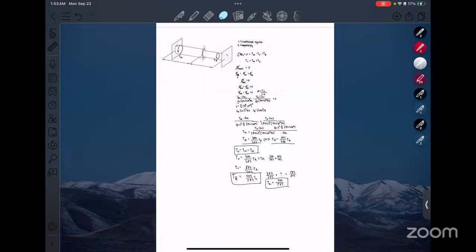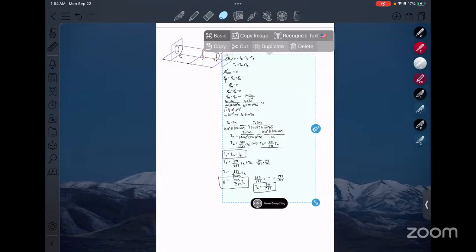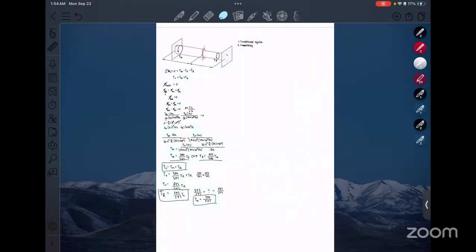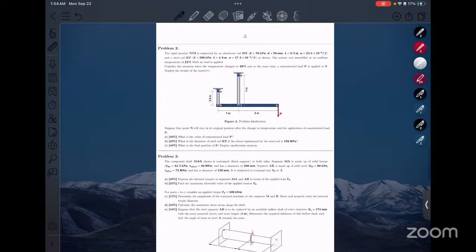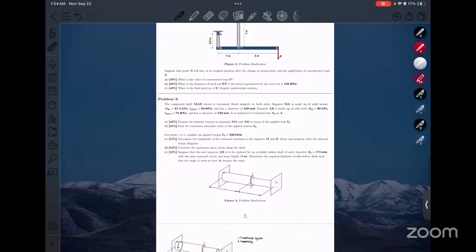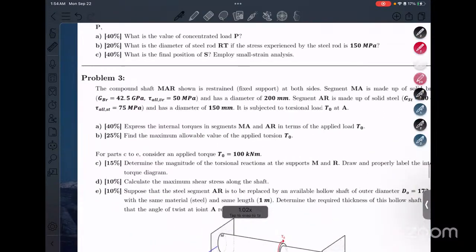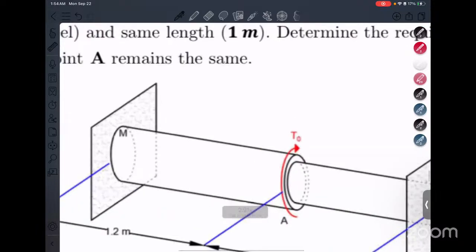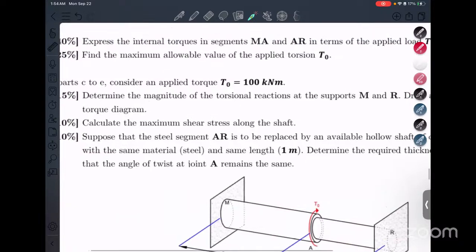Let me just clean this up. Okay. We find the maximum allowable value of the torsion P naught. So essentially naman dito, P naught, di ba, applies to both these two sections.